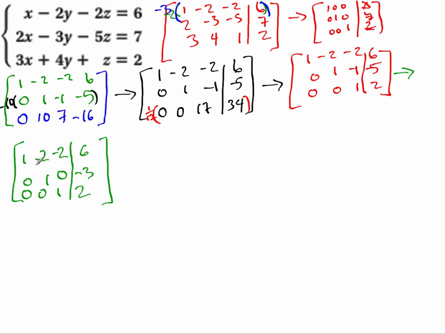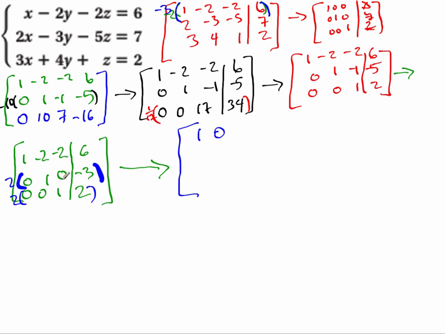And now I need to eliminate y and z from the first equation. Well, how can I do that? What if I multiply both of these equations here by 2, and add them to equation 1? 1 plus 0 is 1. Negative 2 plus 2 is 0, plus 0 is 0.